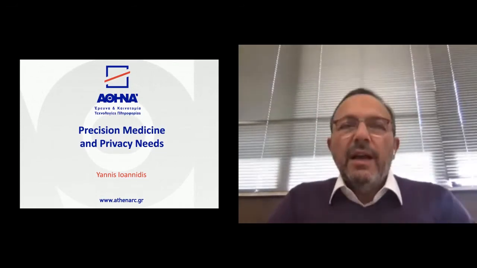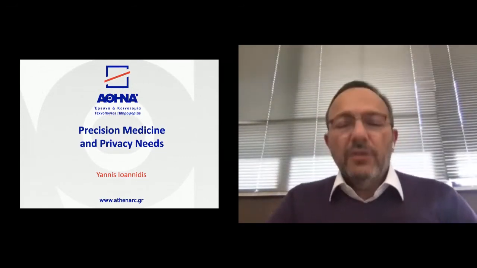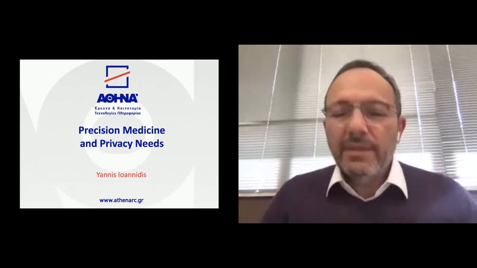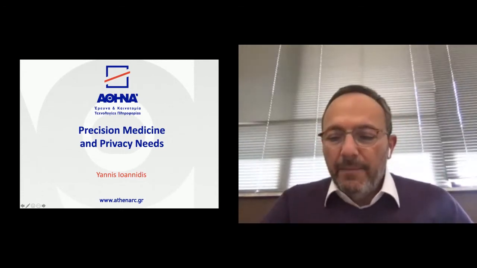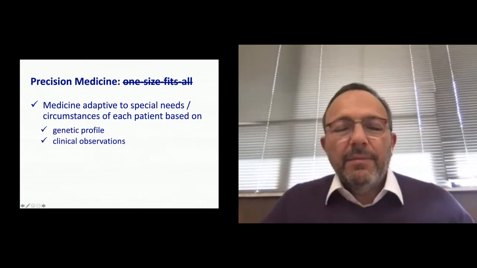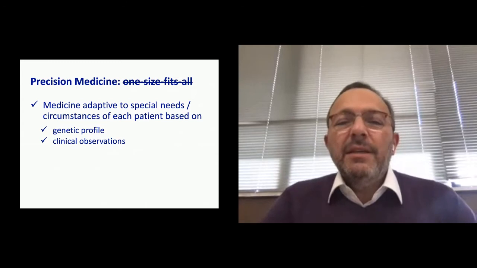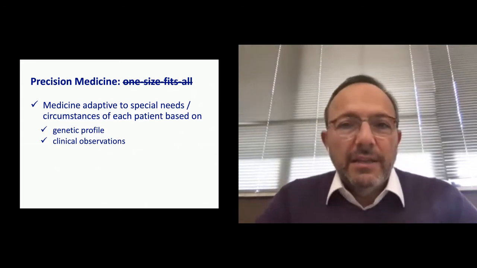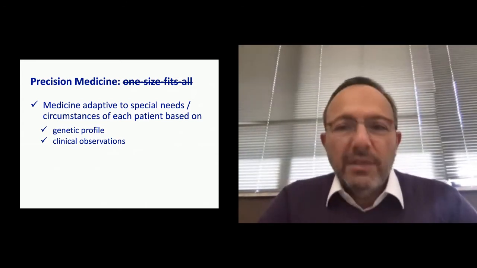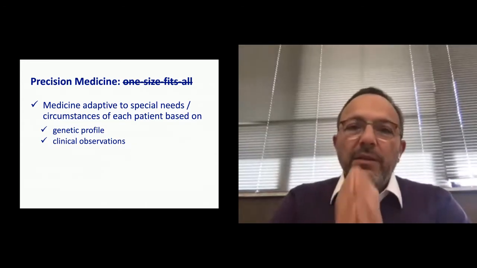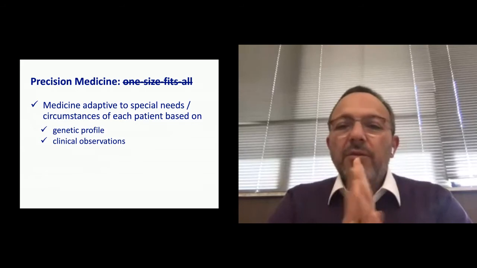Anyway, I will have a very brief introduction to precision medicine and privacy needs, just for all of us to be on the same page. Precision medicine is medicine that follows the principle that one size does not fit all. So it's medicine that is adaptive to the special needs and circumstances of each patient.